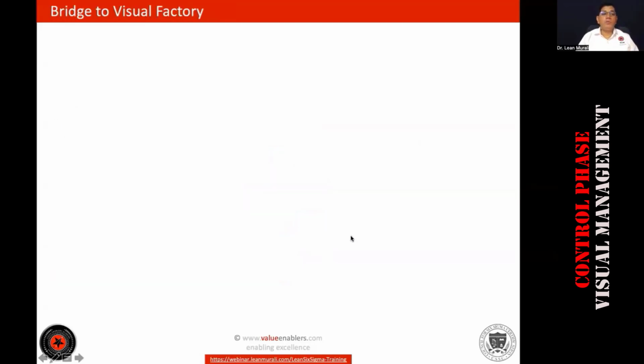Okay, I'm going to share with you something very interesting that I've designed. It's called Bridge to Visual Factory, BVF. All of you type BVF in the chat box, Bridge to Visual Factory. Process delivery controls, quality controls, awesome.